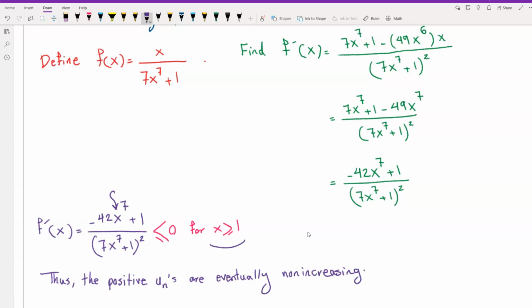Starting from 1 for x, using 1 here, we have a negative number when adding 1, so the numerator will be negative. That's how this is negative. So the first derivative of this function is less than or equal to 0 for x greater than or equal to 1. What that means is the positive u sub n's are eventually non-increasing.